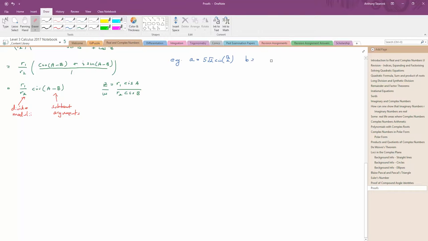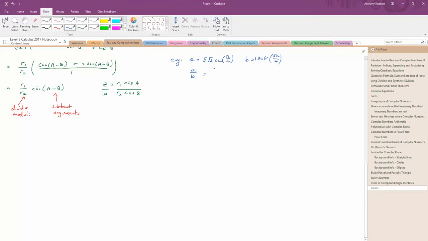Let's rewrite that. 10 CIS 5 pi over 4. Okay, so what is A divided by B?